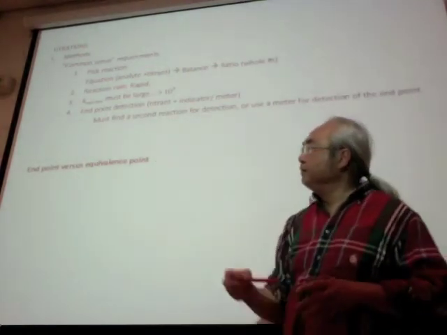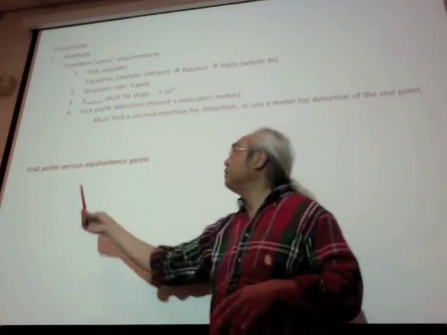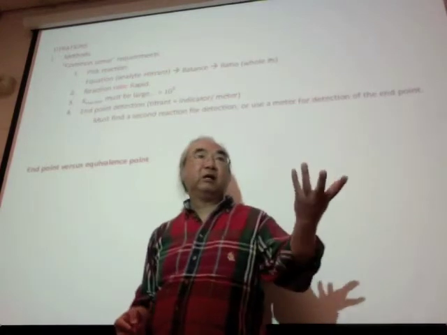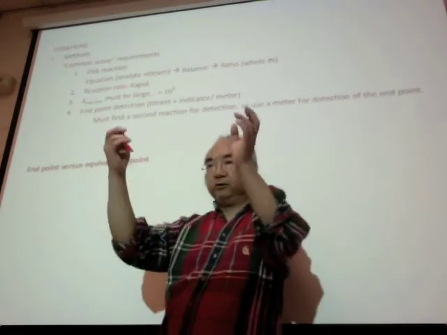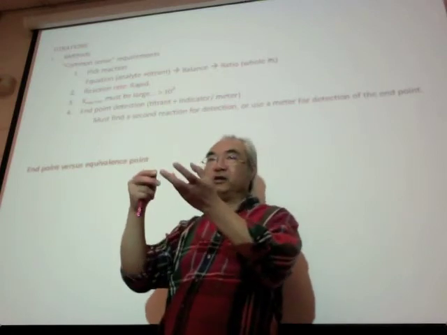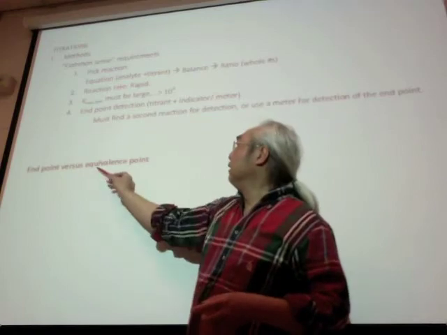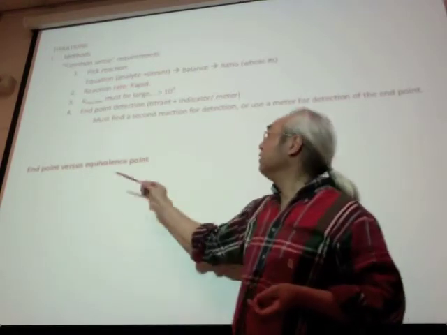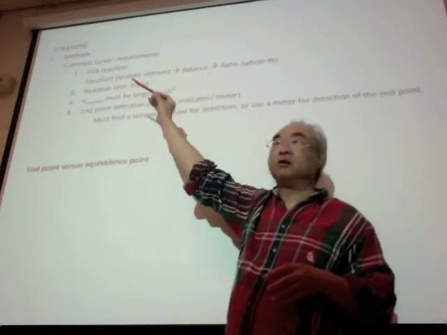Okay, so here, the endpoint versus the equivalence point. What's the difference? The endpoint is what you see practically. So it's experimental. When you reach a color change, then you say, oh, I got the endpoint. Now, the equivalence point is theoretical. It's based on the coefficients in the calculation.